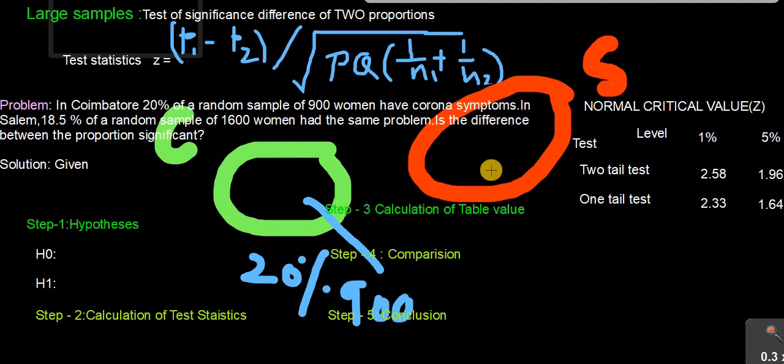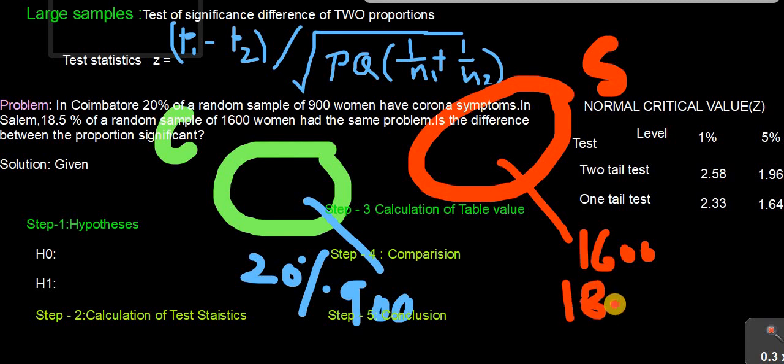From Salem, how many people were taken? 1,600 people were taken, and 18.5% were affected by corona.